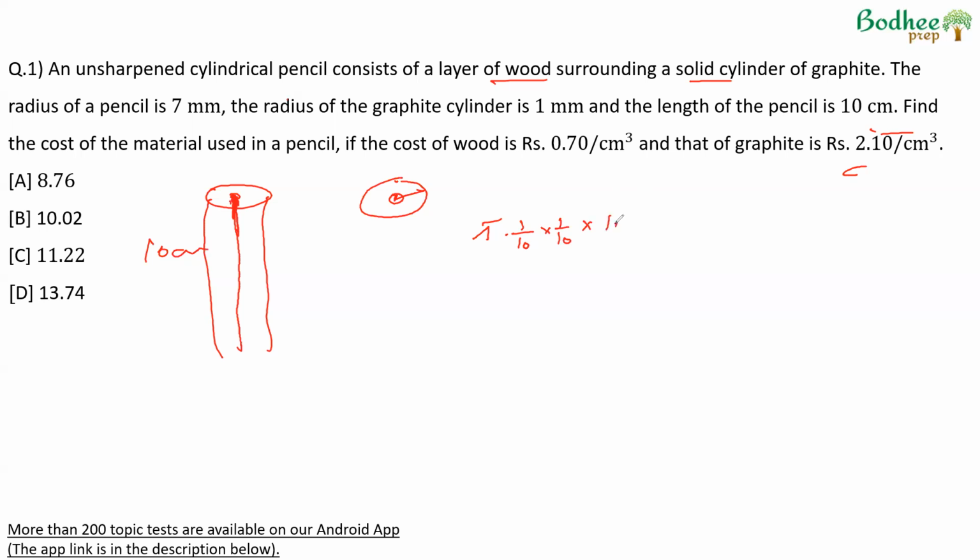H is 10 centimeters. This becomes the volume of graphite, pi r square h. The volume of wood will be pi. Now, these are concentric circles that we have. So, the area of this ring will be R1 square minus R2 square, which will be 7 minus 1.